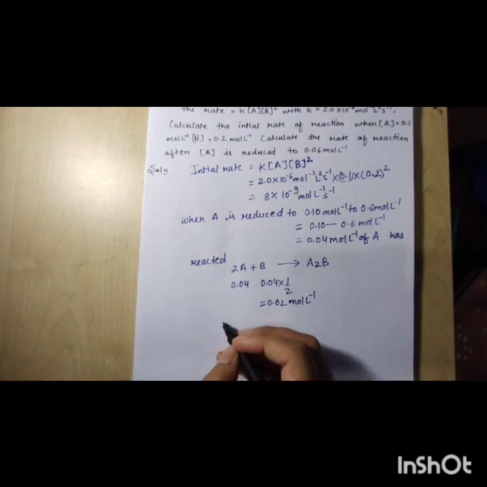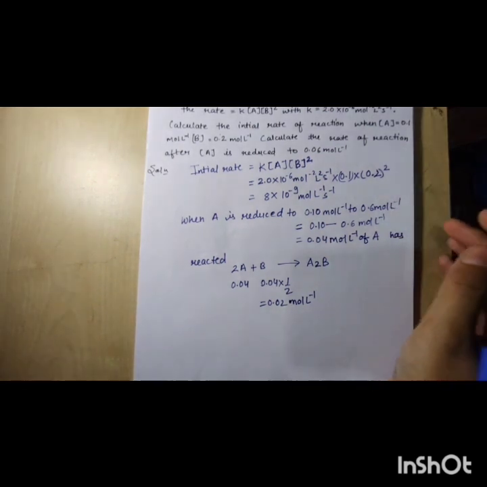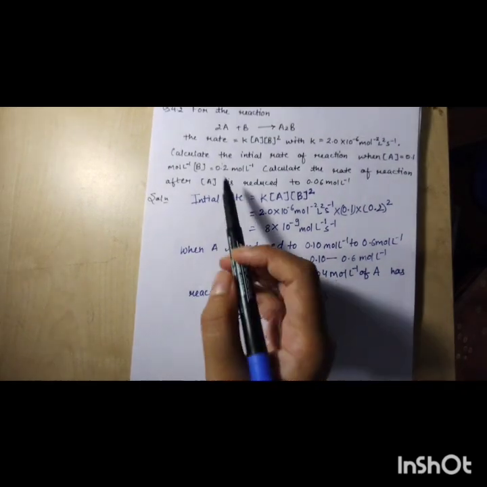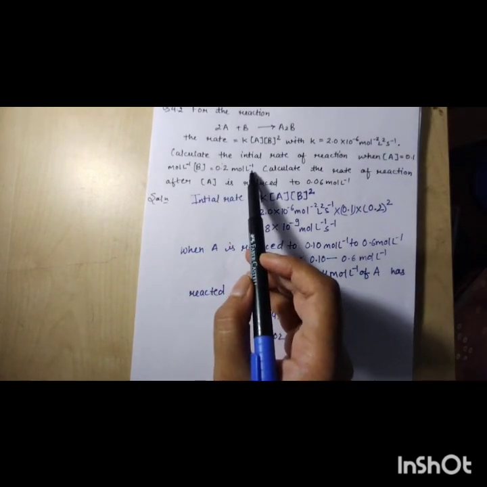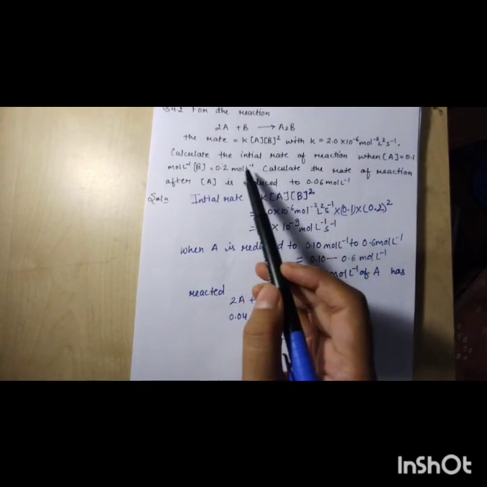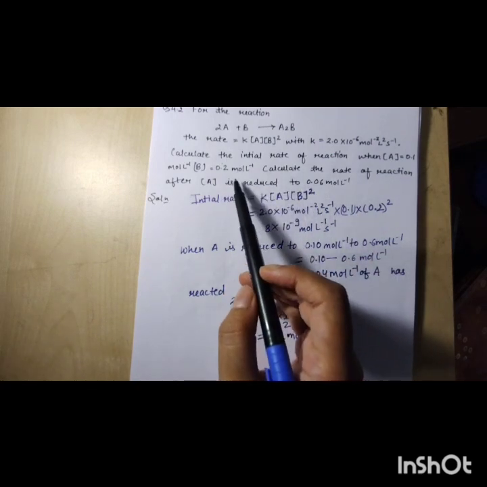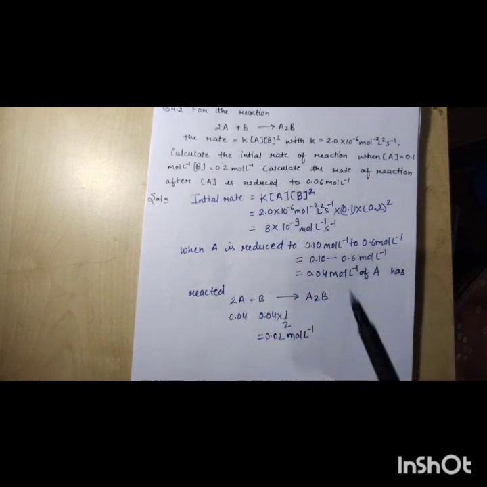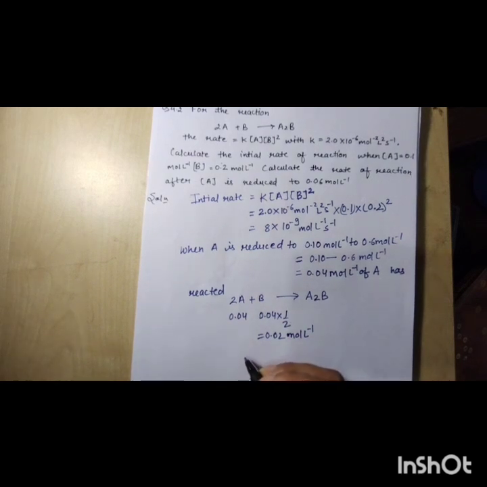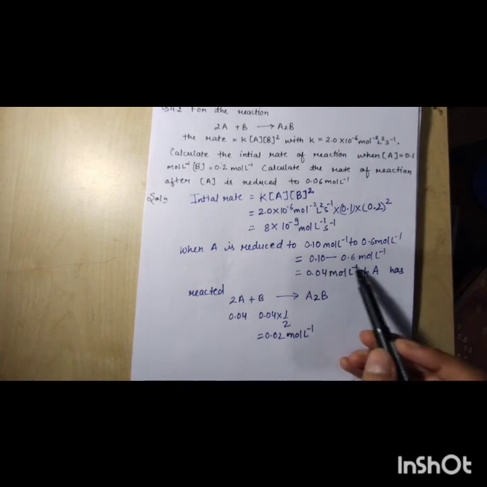As we have seen, the initial concentration of B is 0.2 mole per liter. So we calculate by subtracting the 0.02 mole per liter from it.